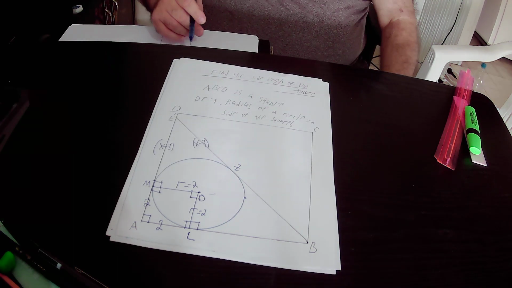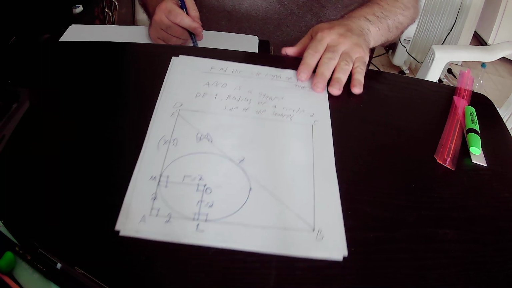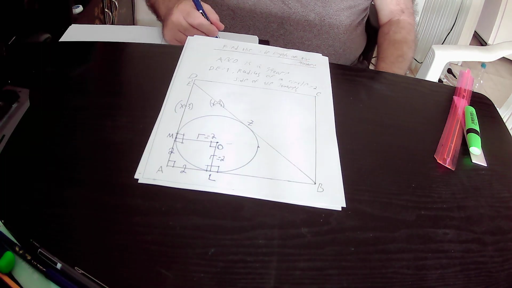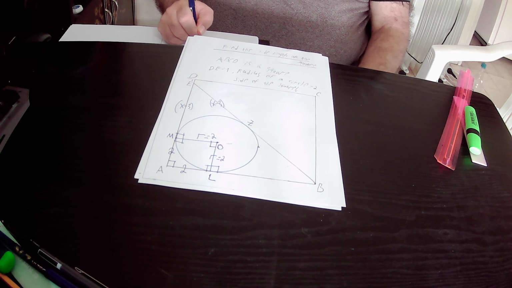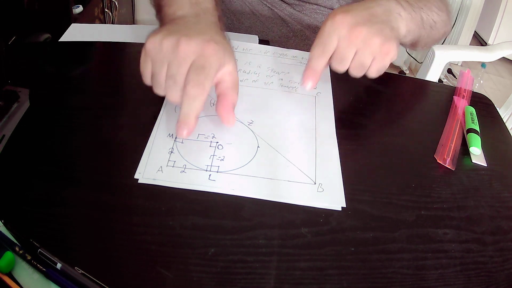What is the length of BL? From the drawing, it is very easy to see that BL equals AB minus AL.